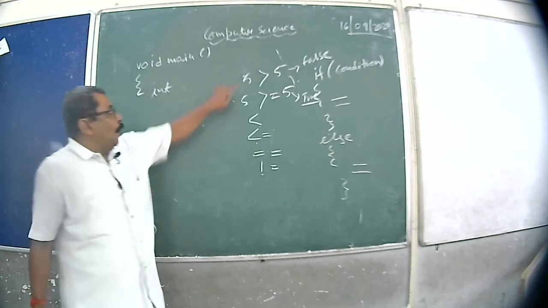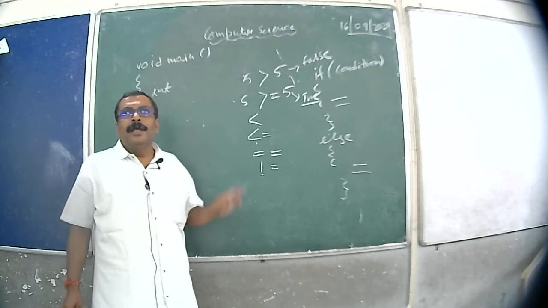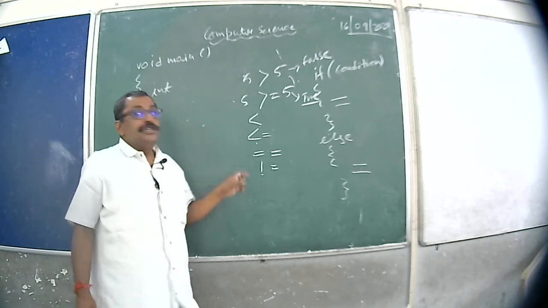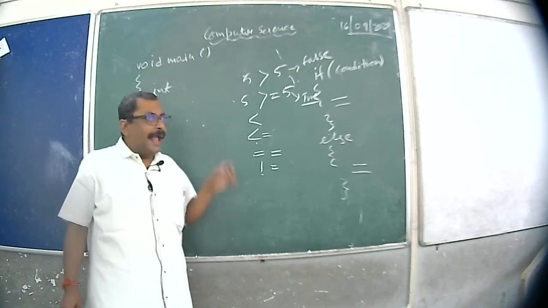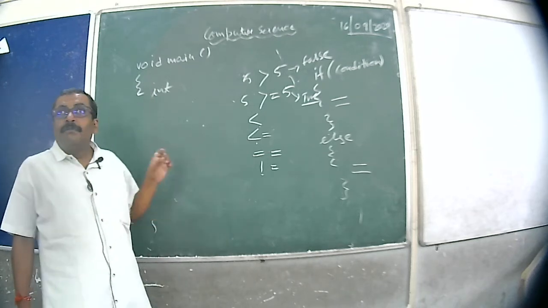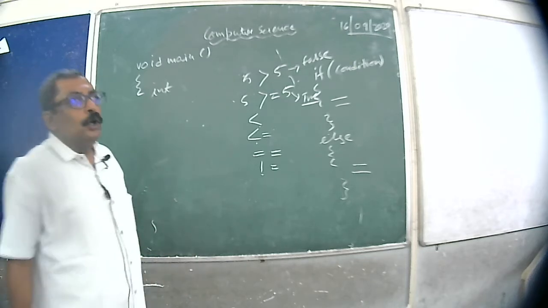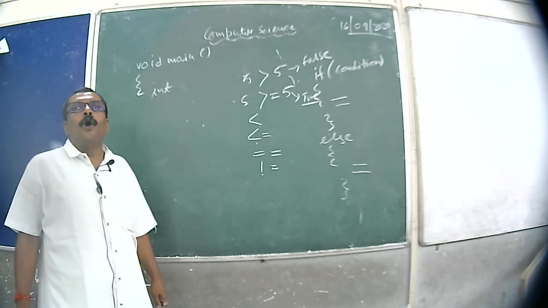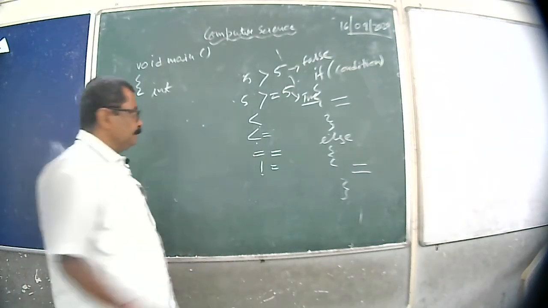So, in total, 1, 2, 3, 4, 5, 6 conditional operators are in your hand, which you have to use according to the program requirement. For example, a program to check whether a number is odd or even. How to do it?